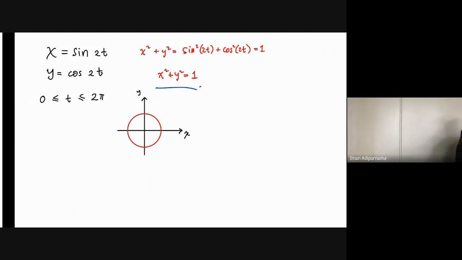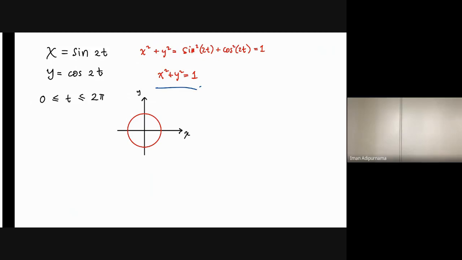So the parametric, you can modify or manipulate and try to substitute to become an xy relation.